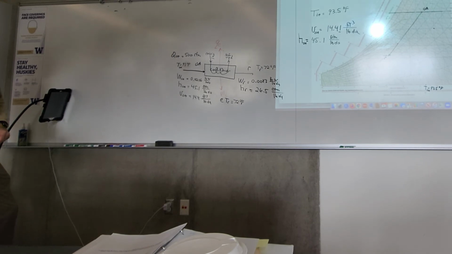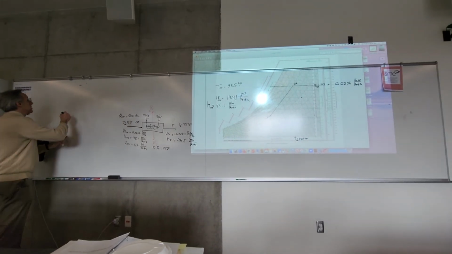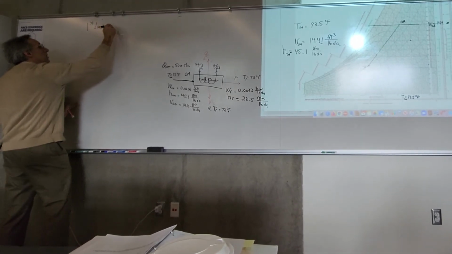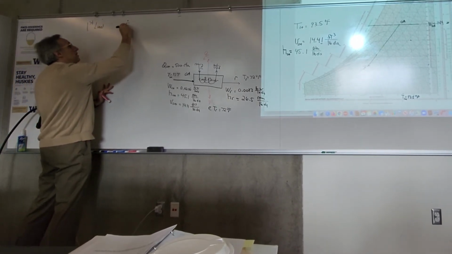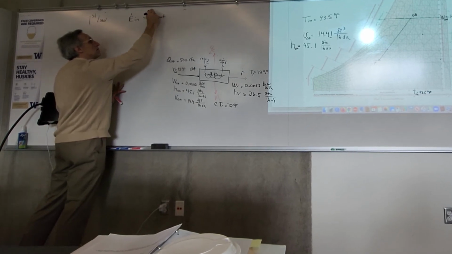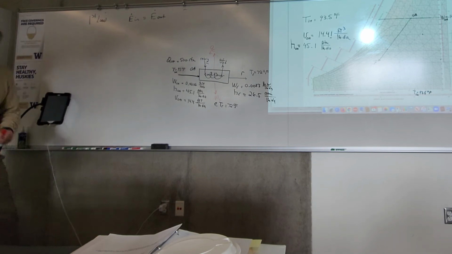Okay? So now we want to do an energy balance, our first law balance, which of course says energy in equals energy out at steady state. So what do we have going in?